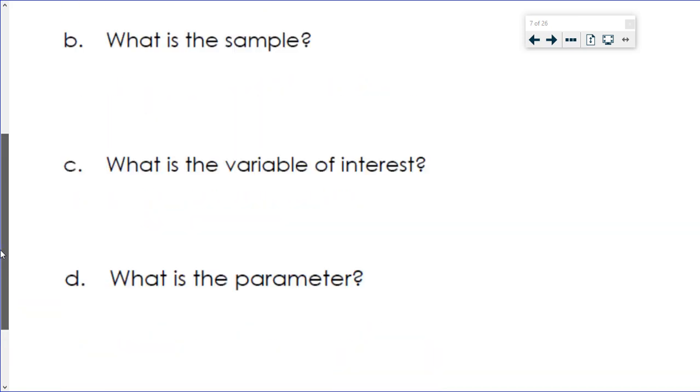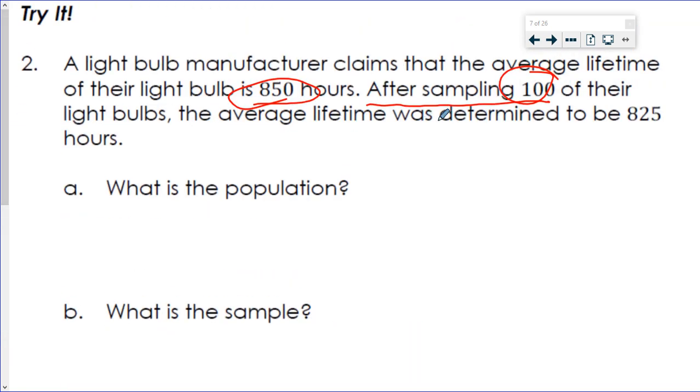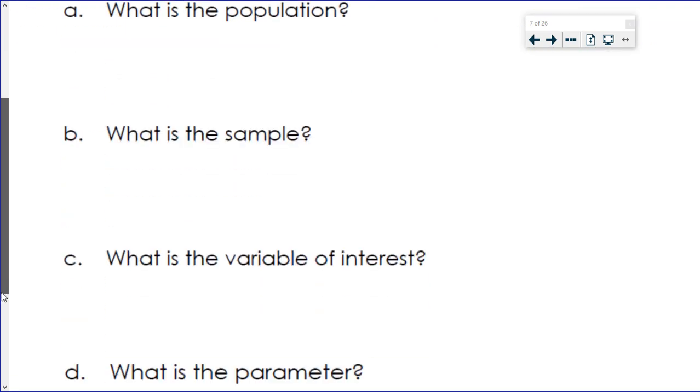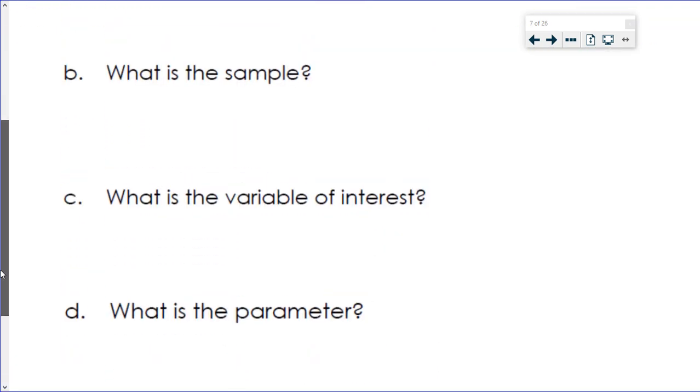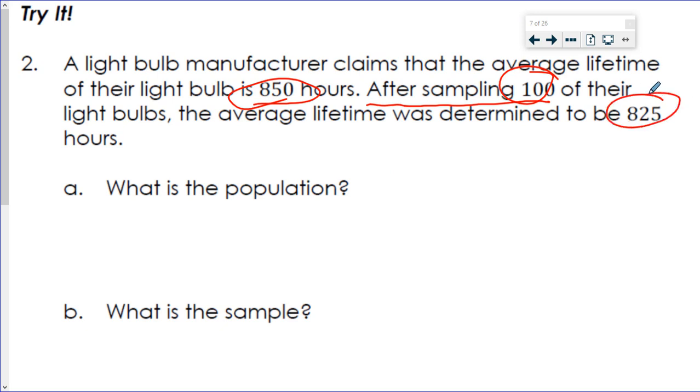What is the statistic of interest? Well, the statistic of interest would be the average life of these 100 light bulbs that they talked about, right? And the statistic of interest that we came up with was 825. Out of these 100 bulbs, they found out the average lifetime of these was 825 hours, all right?